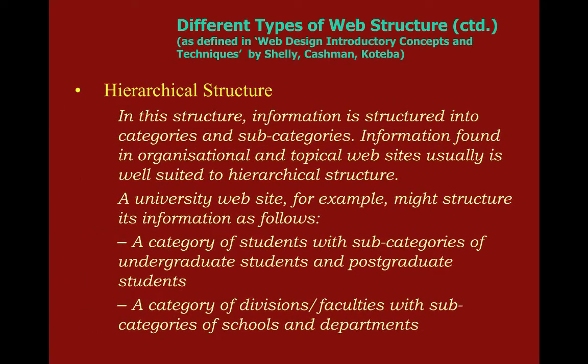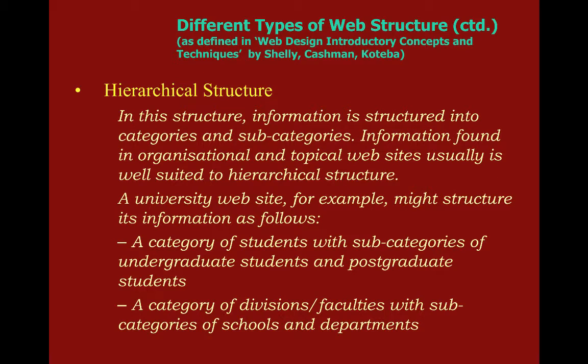And of course you have hierarchical structure, right, which reflects user categories or may reflect task categories, or might reflect some real world structure as we mentioned. So the real world structure could, for instance, be the organizational structure within a university.